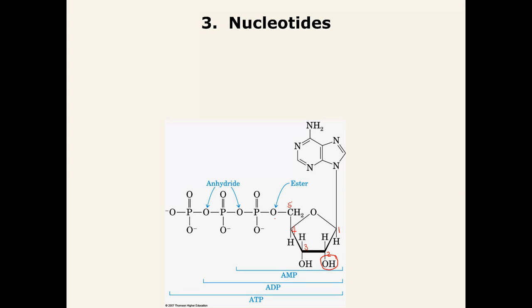And then notice here on carbon 5, if you're looking at your notes where I asked you to write it down, carbon 5 has the CH2OH. That's attached now to a phosphate. This is actually the structure of ATP, which gives us a better feel for that structure. Notice that AMP is just one phosphate, ADP is two phosphates, and three is ATP.